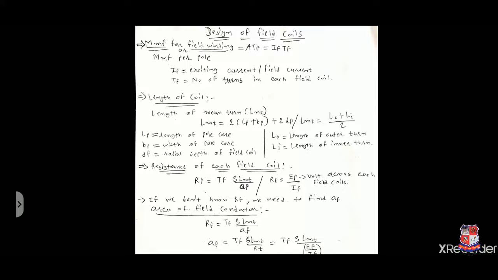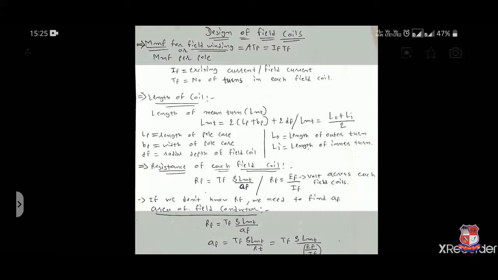Okay, the next is the length of coil. Generally we need to find the length of the coil, so in that case we need to consider the length of the mean turn. Its notation is LMT. Basically there are two equations for finding the length of mean turn. One is 2 bracket LP plus BP bracket over, plus 2 DF.